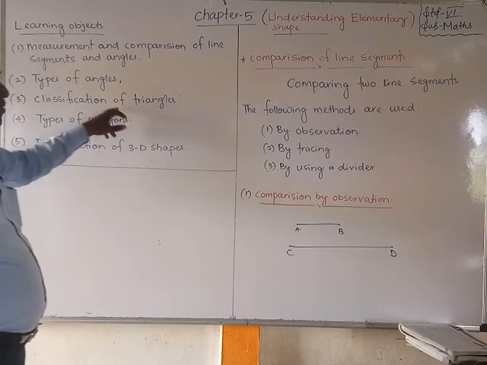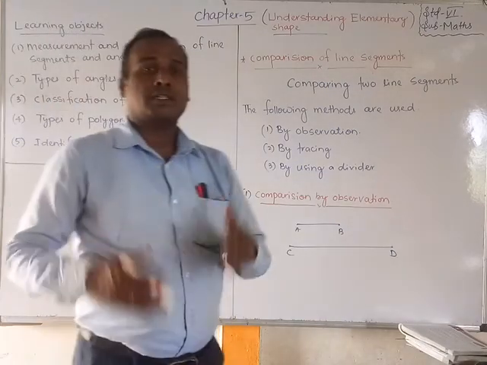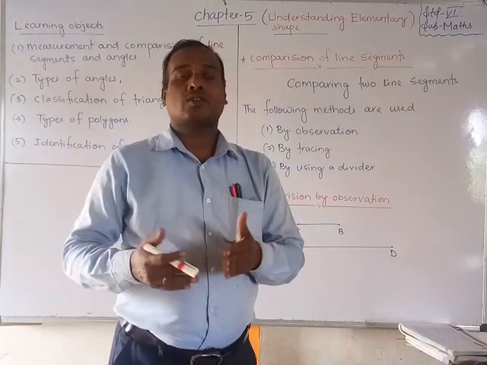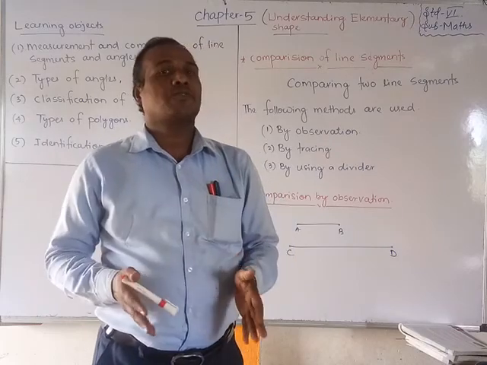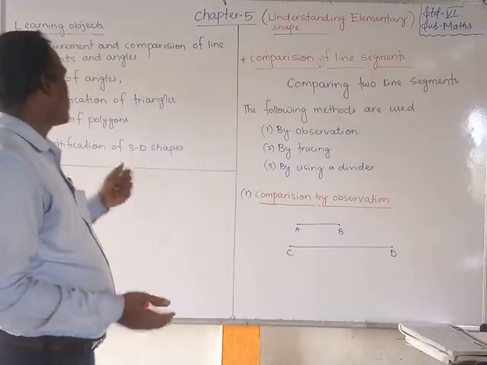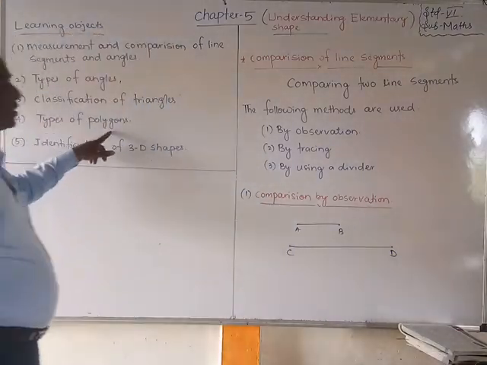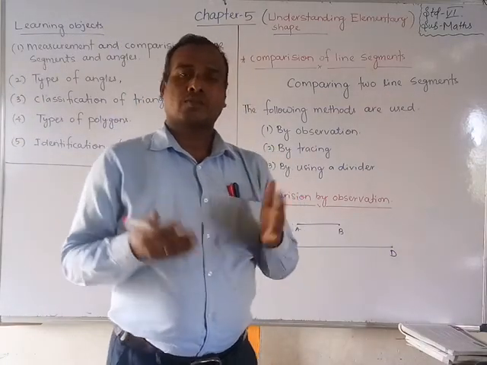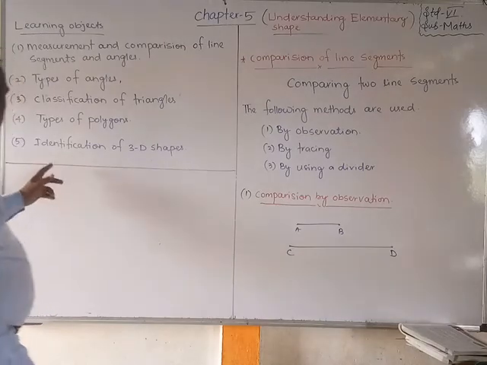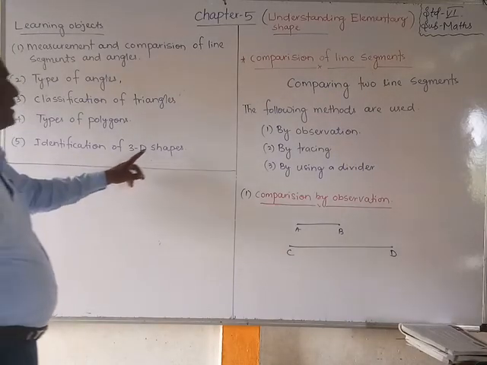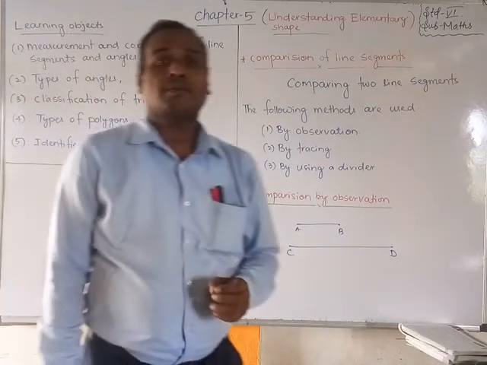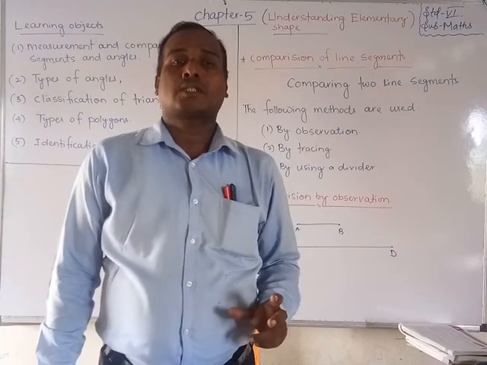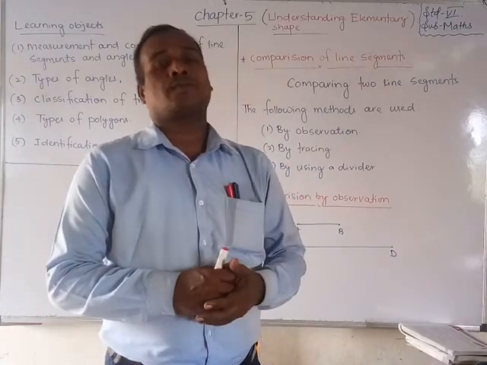Third, classification of triangles: based on angles and based on sides, how many types of triangles are there, we will study. Types of polygons: what polygons are and their types, we will study in this chapter. And also we will discuss identification of 3D shapes. 3D means three-dimensional shapes. Solid figures we will also study in this chapter.